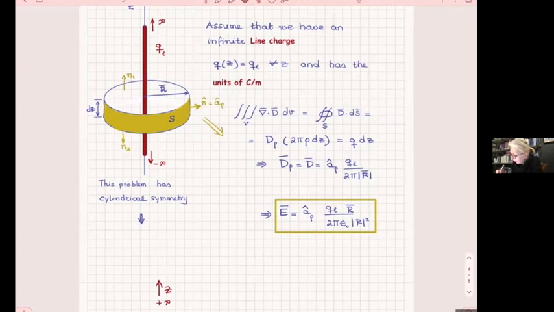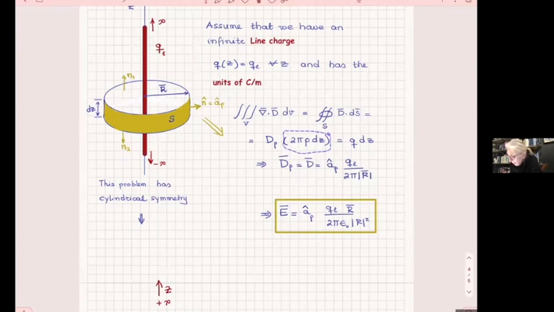So what is the surface of this perimeter here? It is the perimeter of the circle, which is 2 pi rho, times the thickness, dz. So this is the area around it.